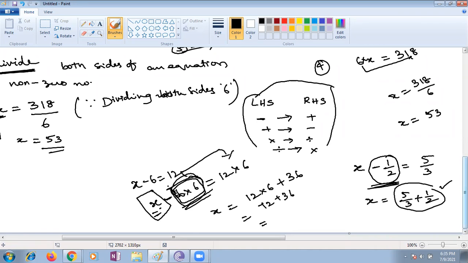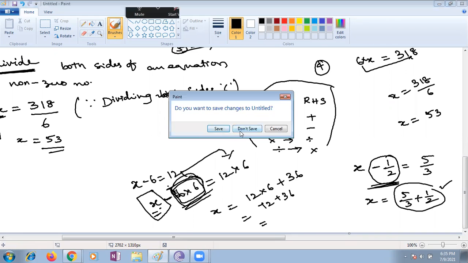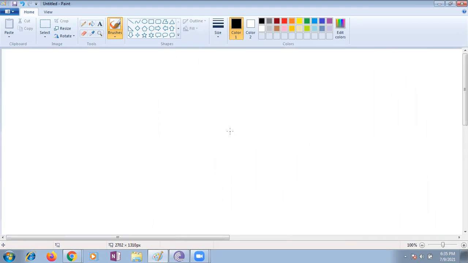Ma'am, in the method that Harini told, normally it will be x minus 6 equals 12. So x equals 12 plus 6 equals 18, right? Yes, where Harini said x minus 6 into 6 is 12 into 6.